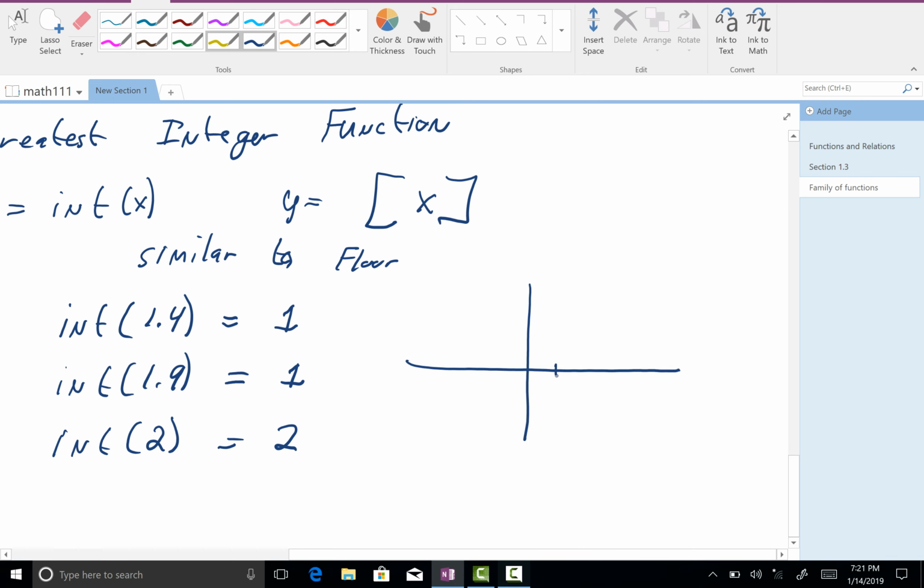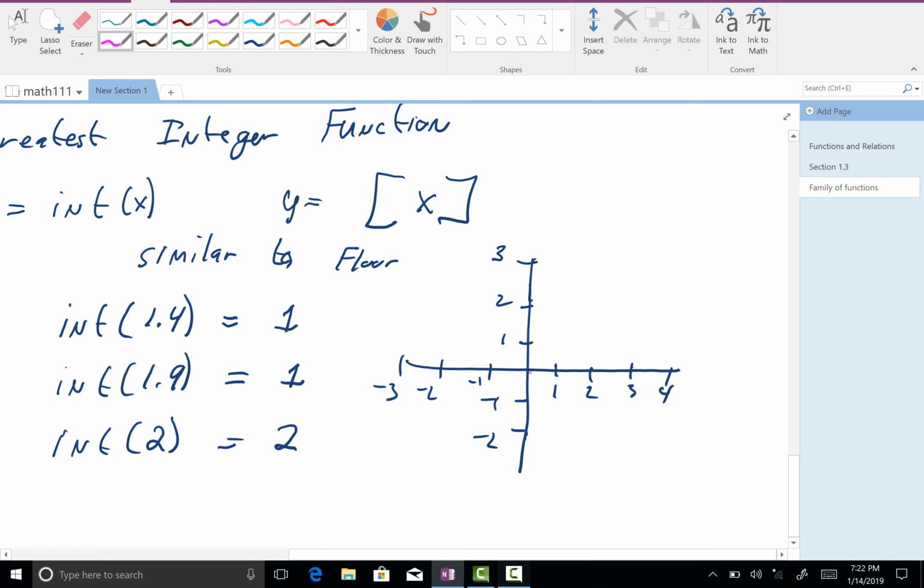And it looks like this. We'll put it in this hot pink.